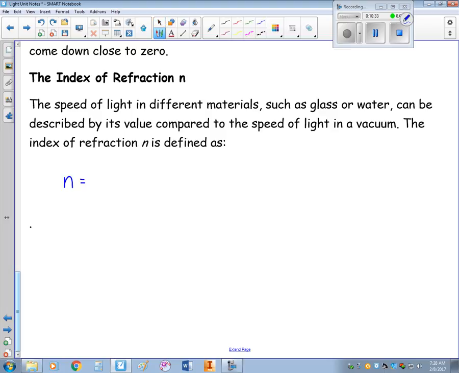And we say n equals the speed of light divided by the speed of light in a material. And this gives us a ratio. So for the value of n, or the index of refraction in air, it's 1.0003. And there are no units because this is a ratio.